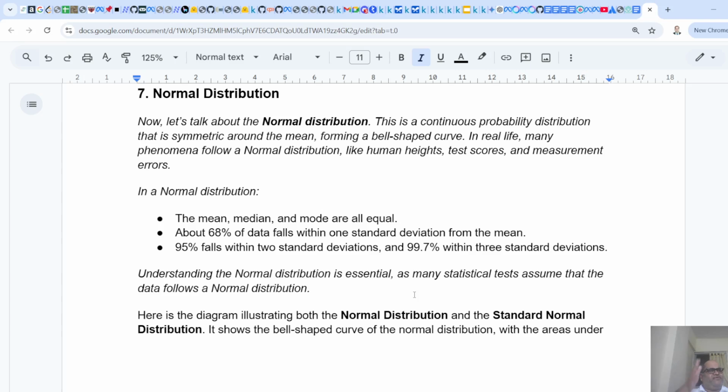So if you have 100 data points, 68 will be within one standard deviation from the mean. 95% will be within two standard deviations from the mean, and almost everything, 99.7% or more than 99, within three standard deviations.